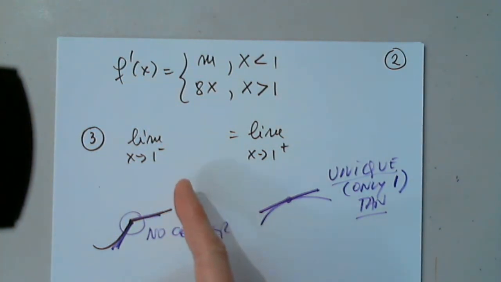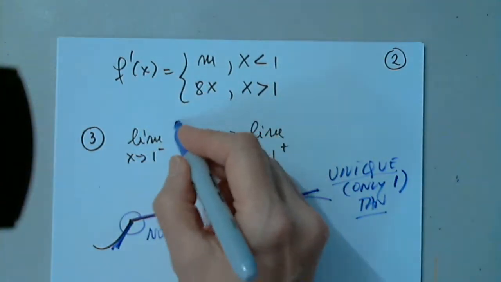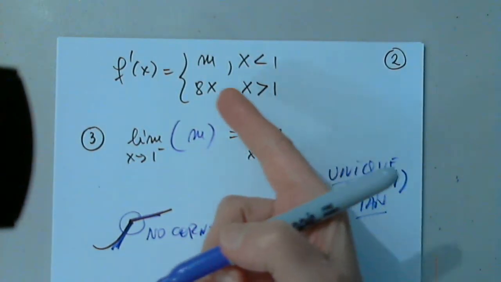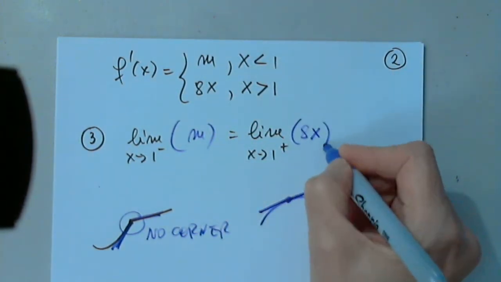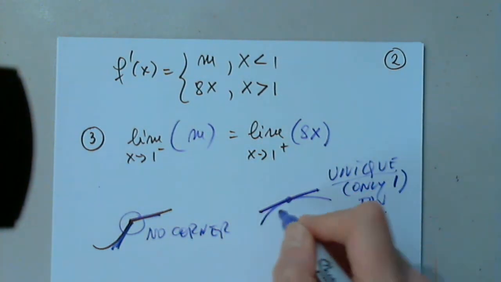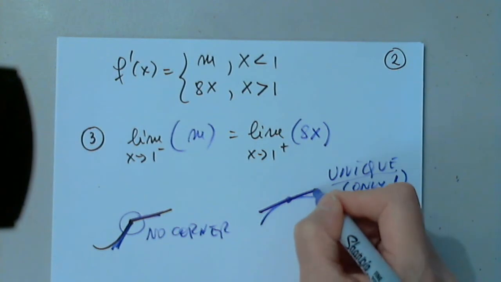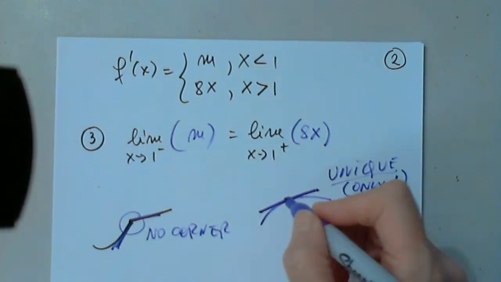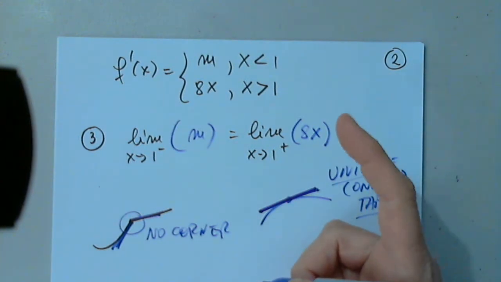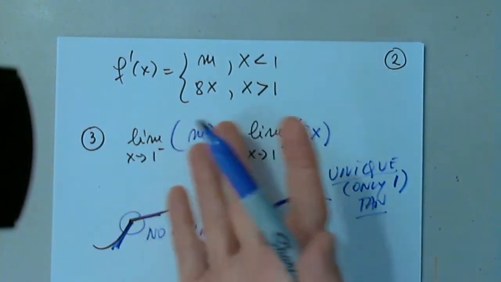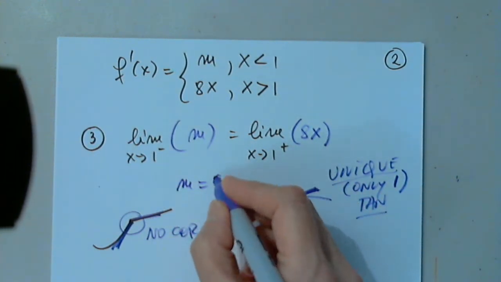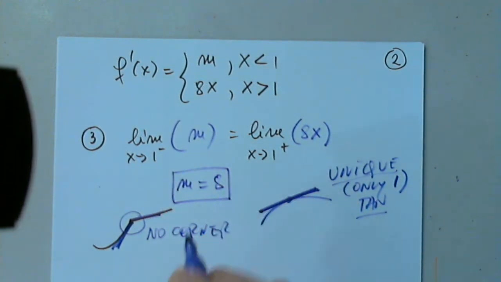So that's why the limit from the left of 1 of the derivative, which is m, has to equal the limit from the right, which is 8x. Nothing else here. We only want the limit from the left of the derivative and the limit from the right of the derivative to be the same. In other words, there is only one tangent with one slope. The left-hand side, m, the right-hand side, 8. And this is our second equation.